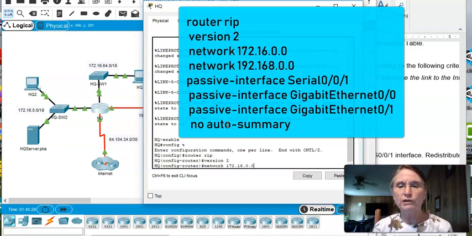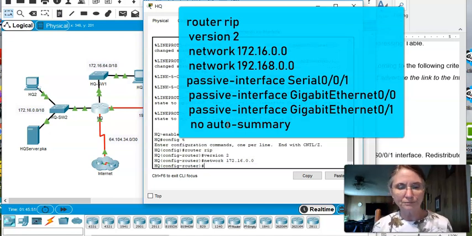172.16.0.0, because one thing you remember when you talk about advertising networks with RIP, you use the classful network representation. So 172 is in the class B range, so we will advertise the network in this way.